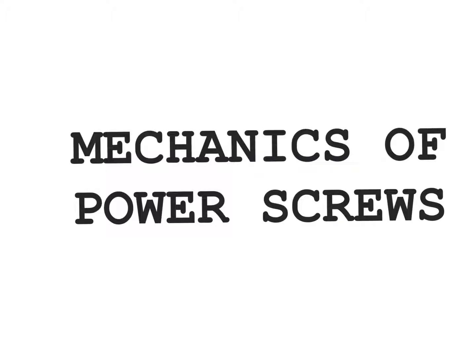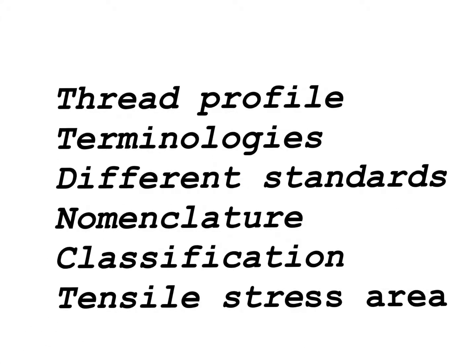So in the last lecture we covered all these things. We covered what is a thread profile and the related terminologies like nominal diameter, pitch, crest, root, the concept of tensile stress area.